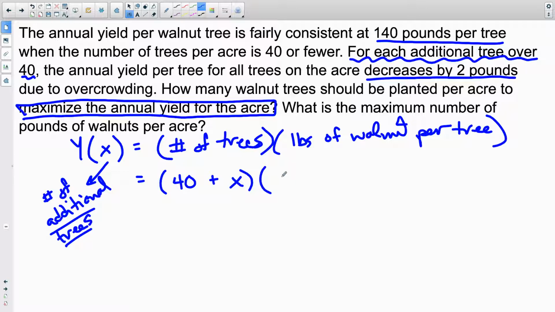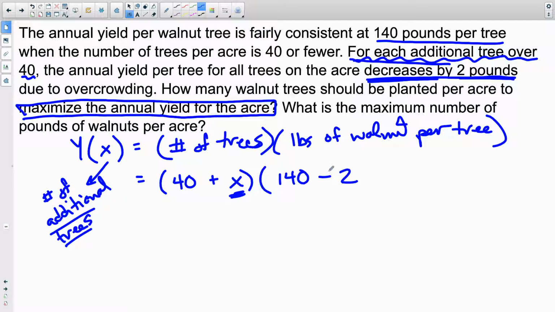Well, it was 140, but that number decreases by 2 pounds due to overcrowding for each additional tree. So every time I add a tree, I have to decrease this by 2.